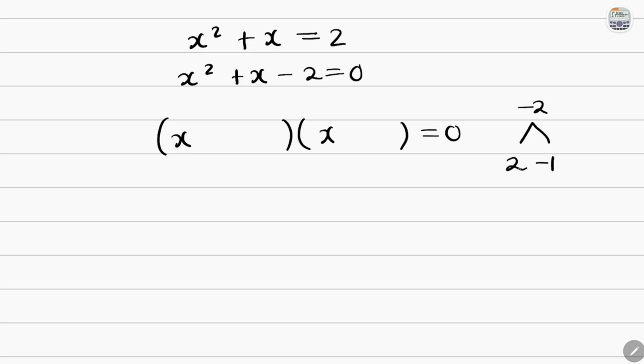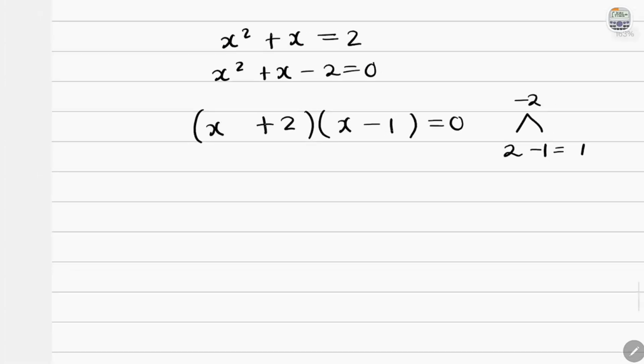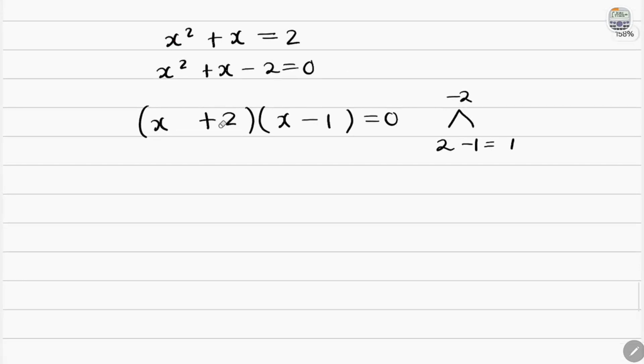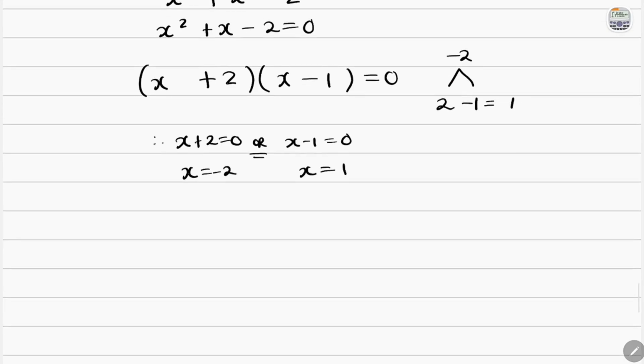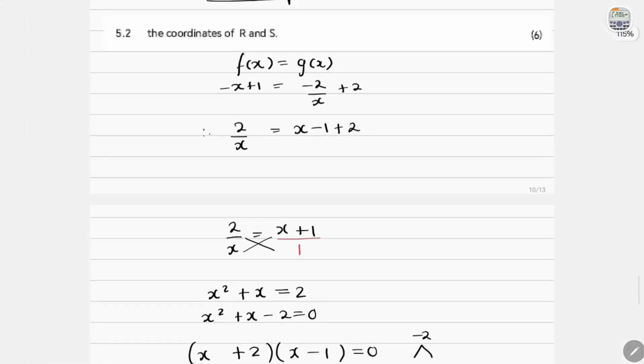If the 1 is negative and the 2 is positive, 2 minus 1 indeed gives you a positive 1 in the middle. So this is positive 2 and negative 1. Now we can solve for x. So x plus 2 times x minus 1 equals 0. Therefore, x plus 2 equals 0, or x minus 1 equals 0. And so x is equal to negative 2, or x is equal to positive 1. So these are the x values.